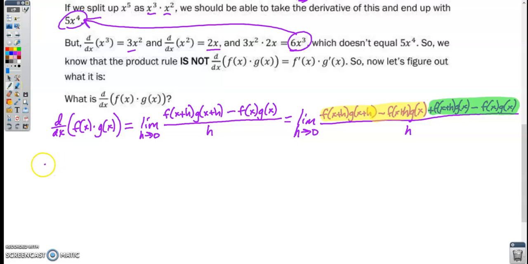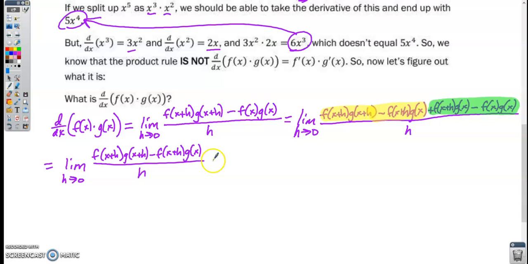Both of those limits have h as their denominator, and so this is going to be equal to the limit as h goes to 0 of f of x plus h, g of x plus h, minus f of x plus h, g of x, all over h, plus the limit as h goes to 0 of f of x plus h, g of x, minus f of x, g of x, all over h.